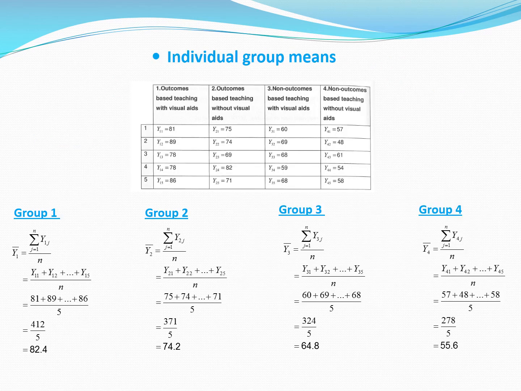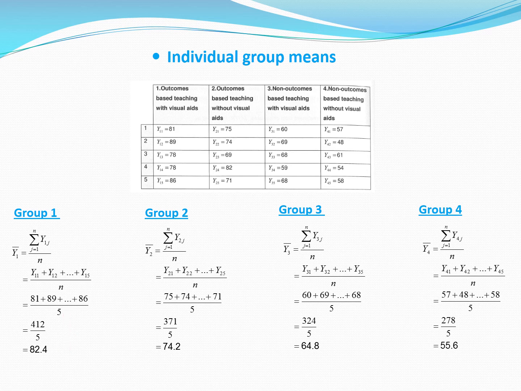Next, we calculate our individual group means. So the mean for each and every group. So for group 1, you will add all 5 elements in that group and you divide by 5 since the total number of observations in that group will be 5.